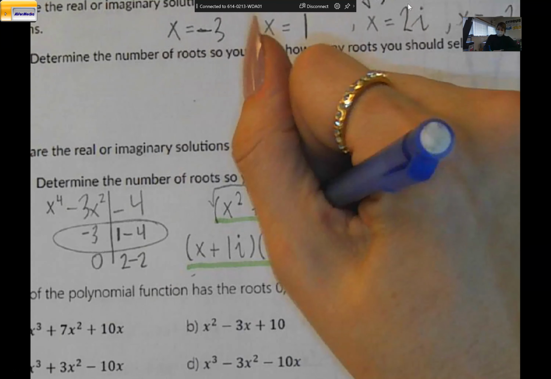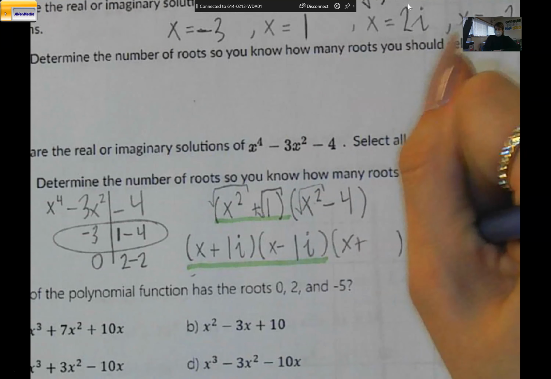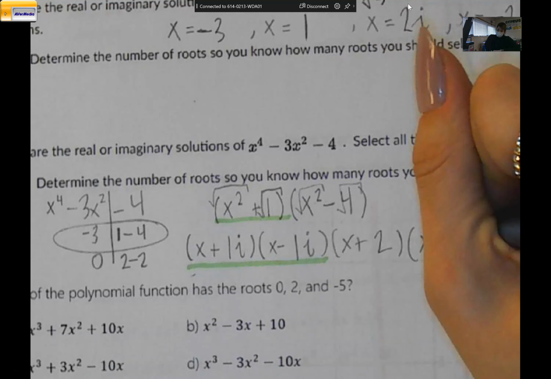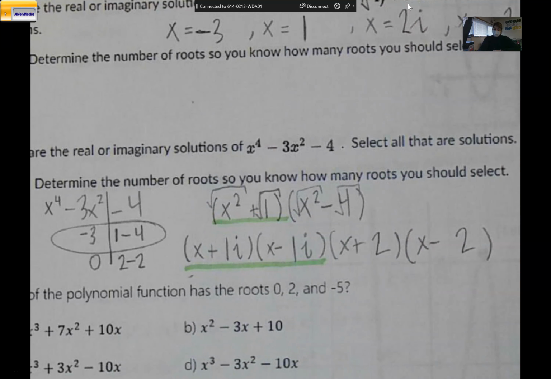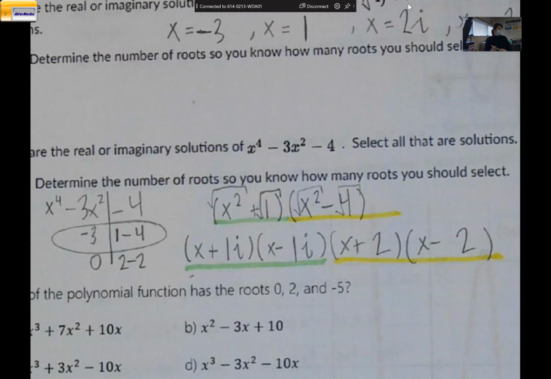Root the first term. We have an x plus and an x minus. We root 4, which we did in the previous problem, and we know that's 2. No i, because this one is a subtract. So your 4 solutions are 1i, -1i, 2, and -2.